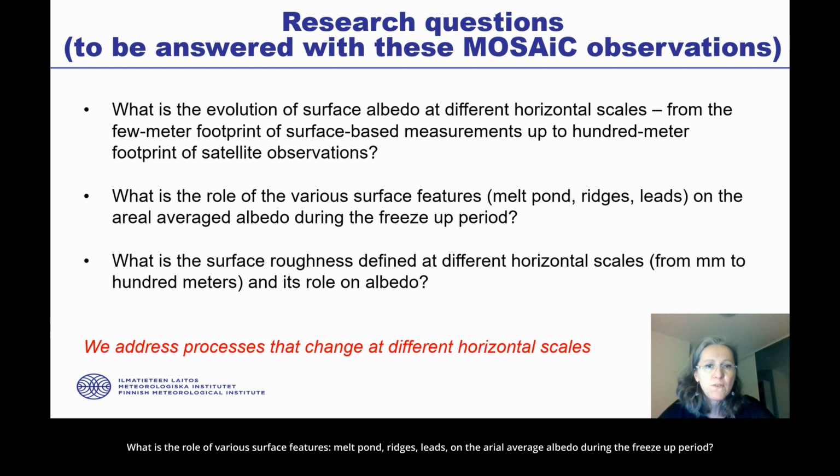And what is the role of various surface features, melt ponds, ridges, leads, on the areal averaged albedo during the freeze-up period? And what is the surface roughness defined at different horizontal scales, from millimeter to 100 meters, and its role on albedo? So basically, we want to address processes that change at different horizontal scales and that affect the albedo.